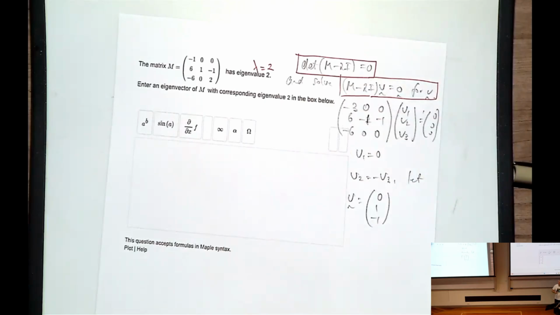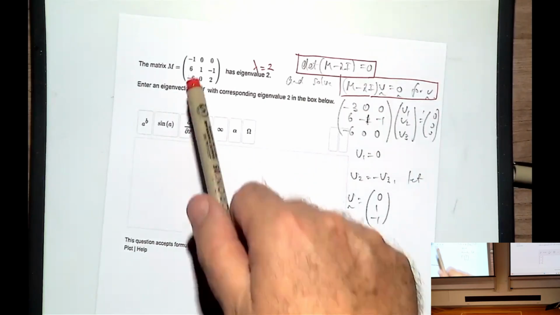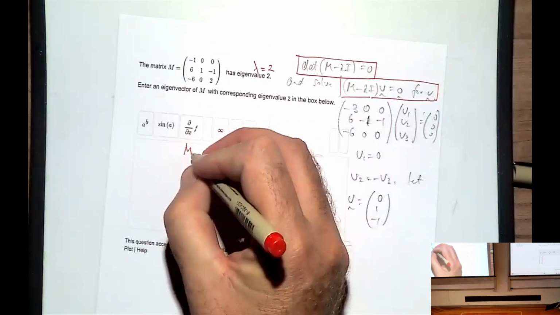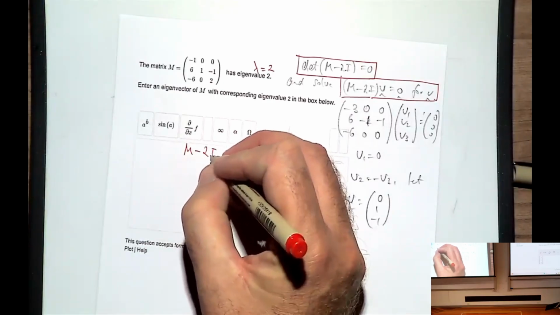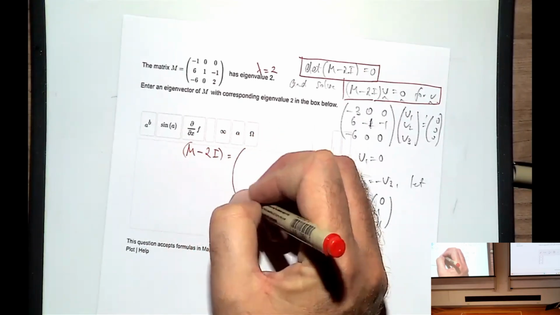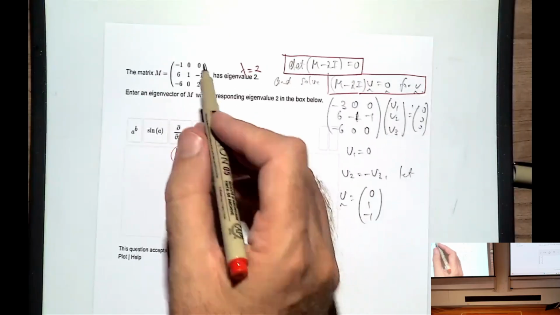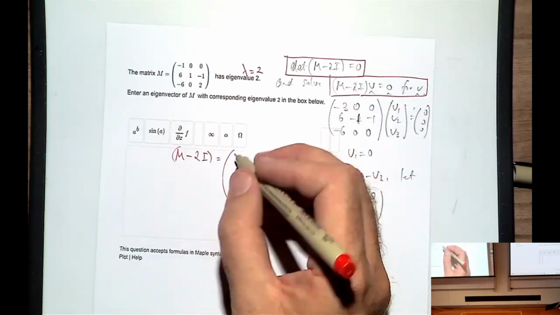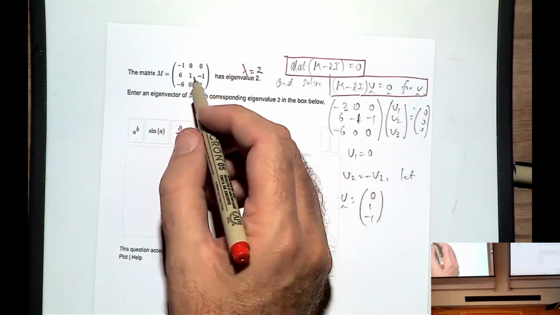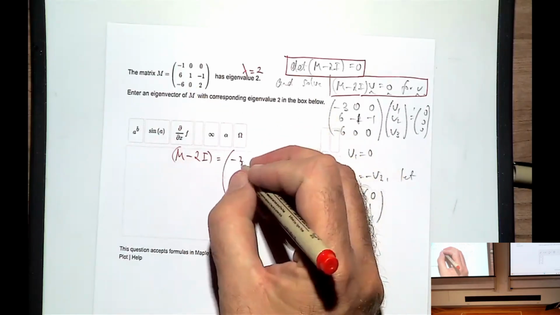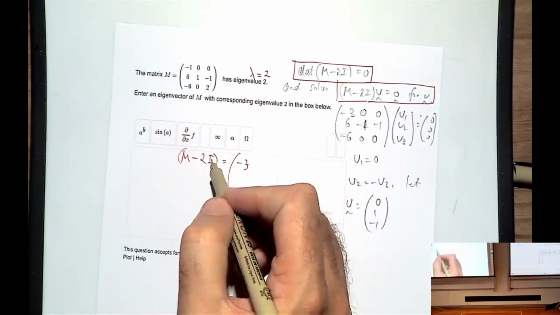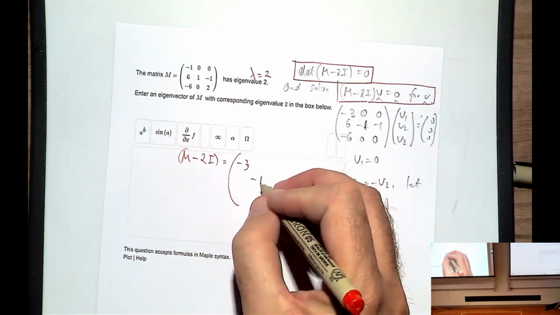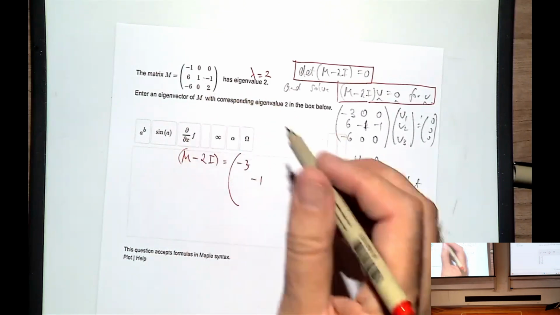Okay? So if this is my m minus 2I, it's going to be, well, -1 minus 2 down the main diagonal, minus 3, sorry. 1 minus 2, I'll give you -1, and 2 minus 2 is just 0.